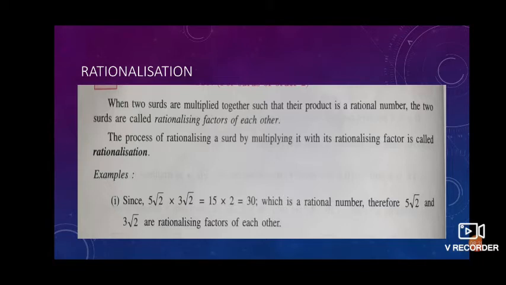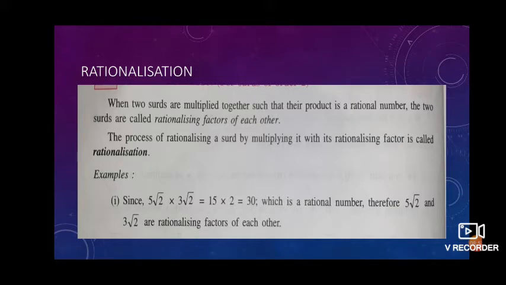So if we multiply any two surds, then the product should be rational. Then the two surds are called rationalizing factors of each other, because of one surd, the other surd is becoming rational. And the process where we are converting the irrational into rational is called rationalization.